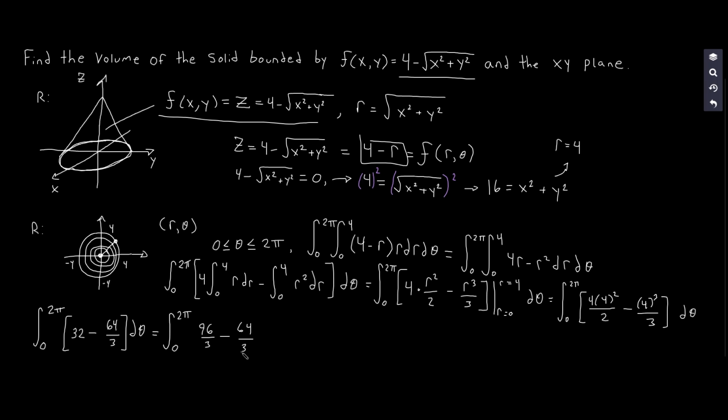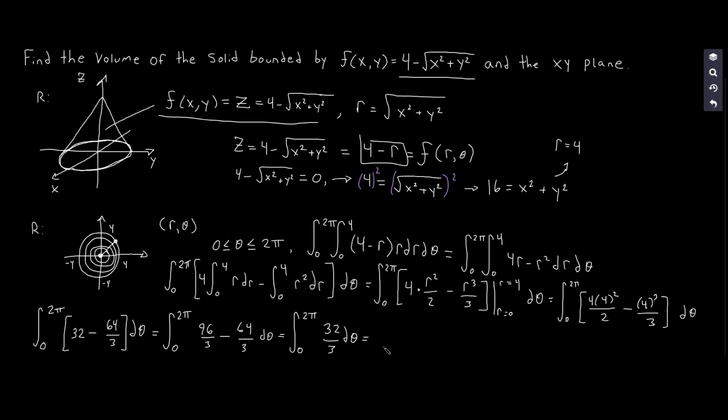What is that? 32, I think. So we have the integral from 0 to 2 pi of 32 over 3, which I also don't think is divisible by 3, 32 over 3 d theta.